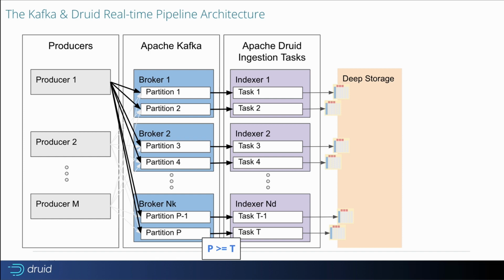Druid can also consume Kafka in a distributed fashion. Just like with Kafka consumers, you can have up to one indexer running for each Kafka partition. It's also interesting to note that you can replicate the ingestion jobs for streaming. So, if one streaming service fails, the task can fail over to another indexer job.